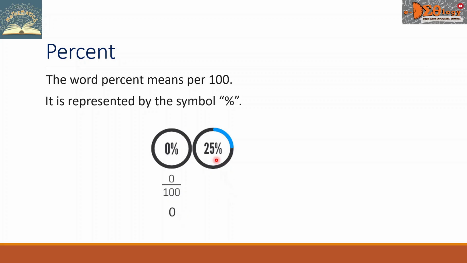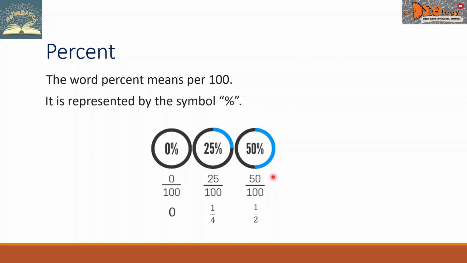Next example, 25%. So, 25 per 100. So we can write 25 over 100. And this fraction we can reduce to 1/4. It means 25% is equal to 1/4 in fraction. Another example, 50%. In fraction, we can show this as 50 over 100.